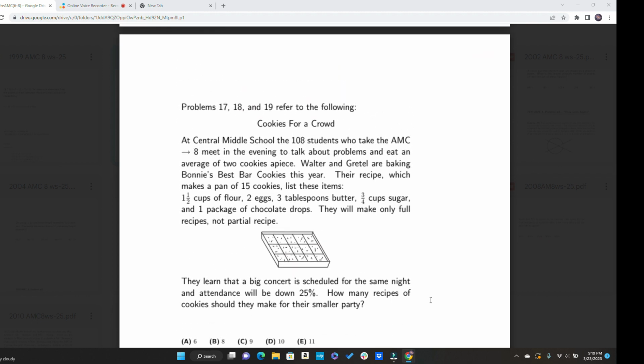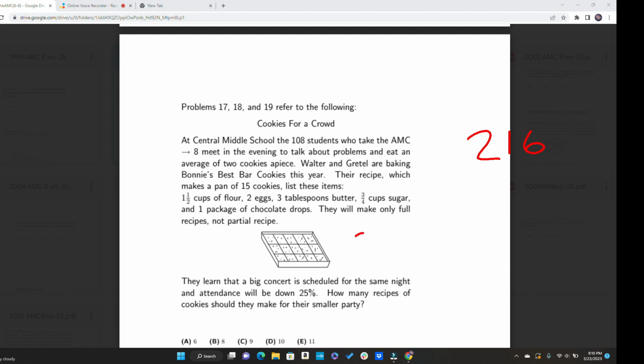Okay. Next question, same prompt. So they learn that a big concert is scheduled for the same night. Oh no. And attendance will be down by 25%. That is unfortunate. So we know that originally we wanted to make 216 cookies, but now we're going to lose 25% of that, which is just sad, but I guess we're going to have to deal.